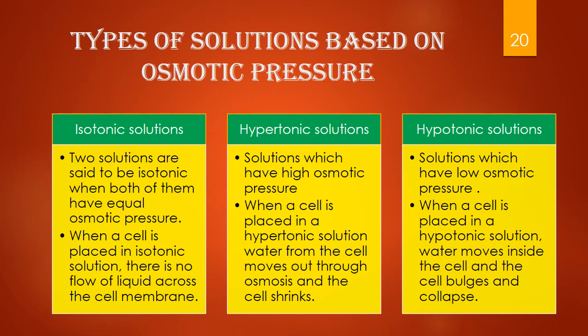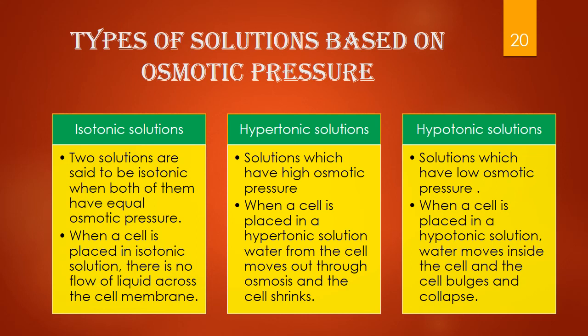Coming to the next type of solution, where the osmotic pressure is very less. In such a case, when we place a cell inside a hypotonic solution, the water from outside enters into the cell, with the result the cell gets bulged and finally it collapses.